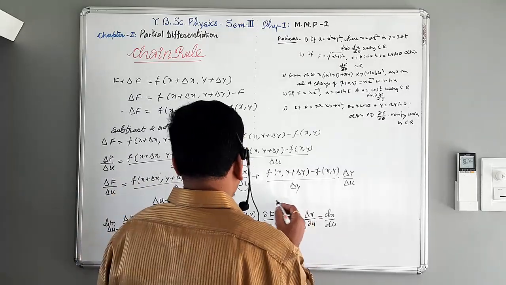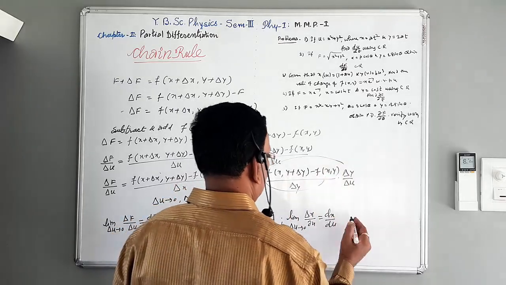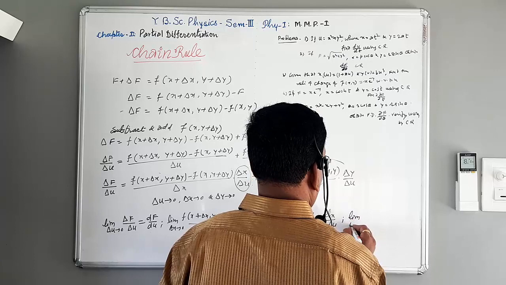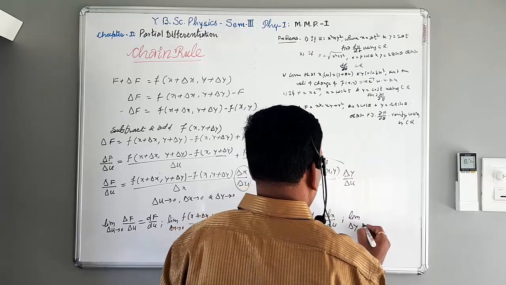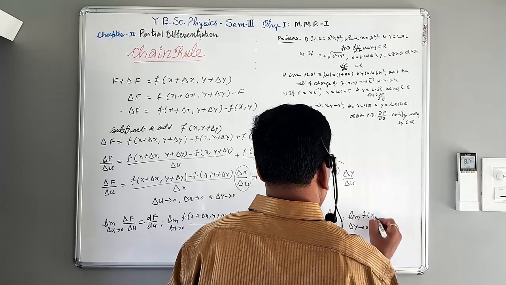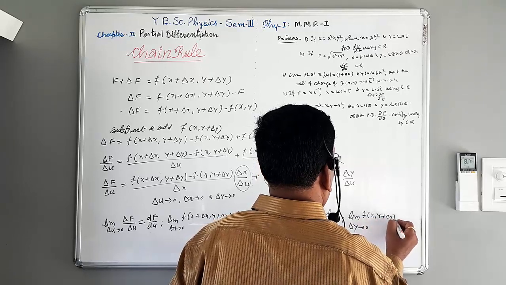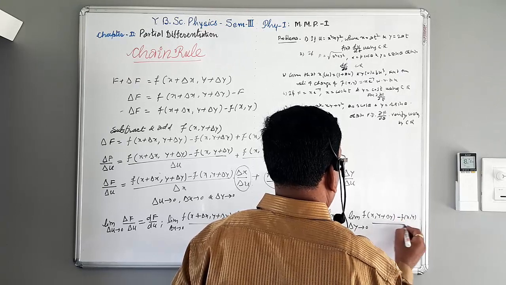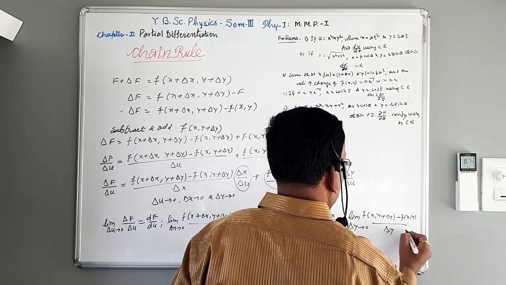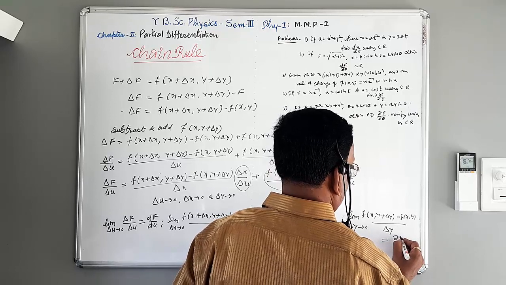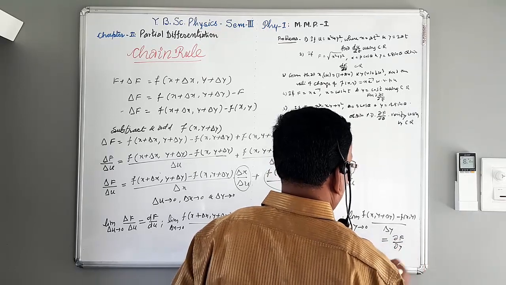Now apply the limit to this term like this, limit delta y tends to 0, f of x comma y plus delta y minus f of xy upon delta y is equal to del f by del y.